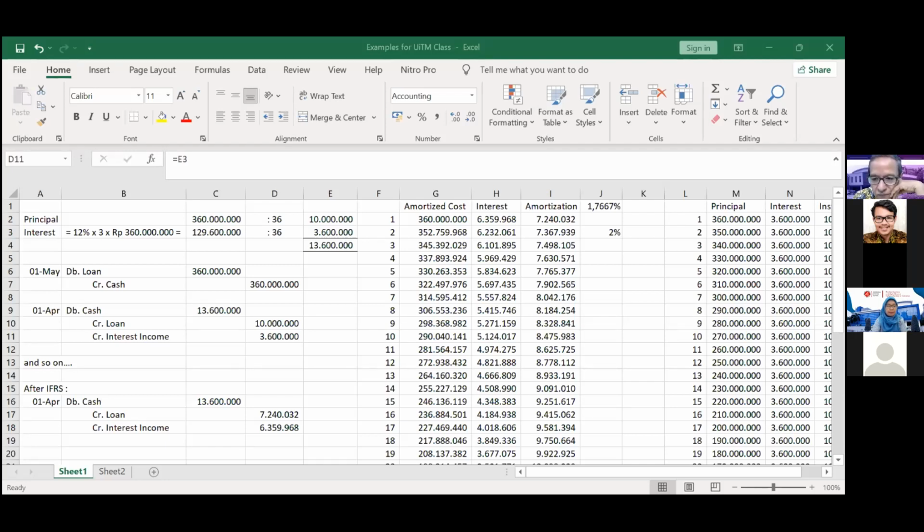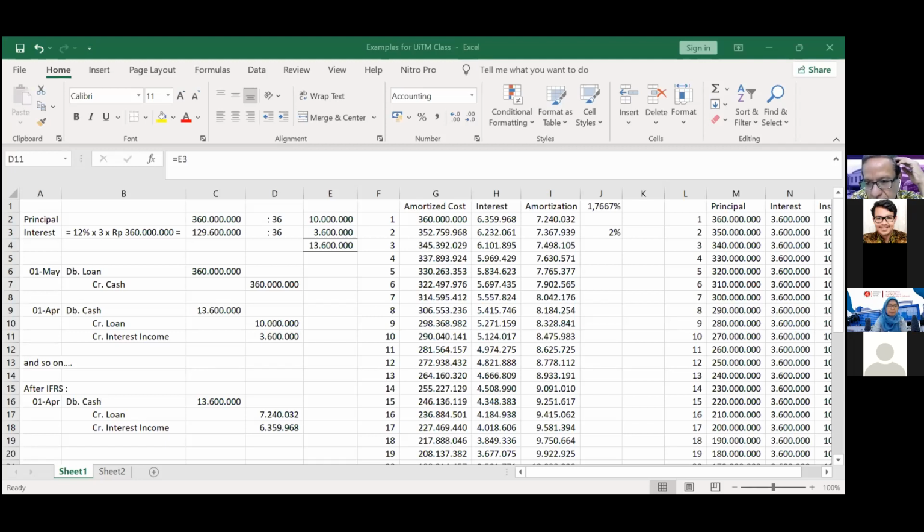Then we make this one. This is the balance at the end of 2019, 2020, 2021, 2022, 2023. This is the exposure at default. This is the probability of default.